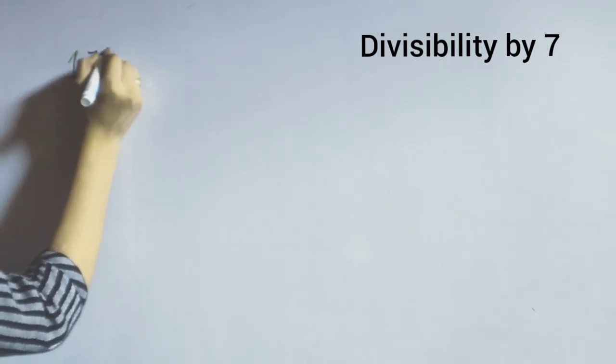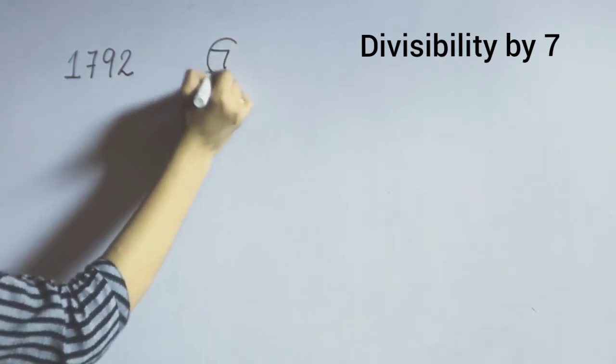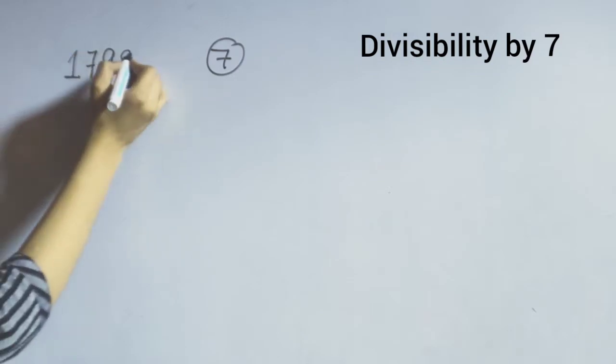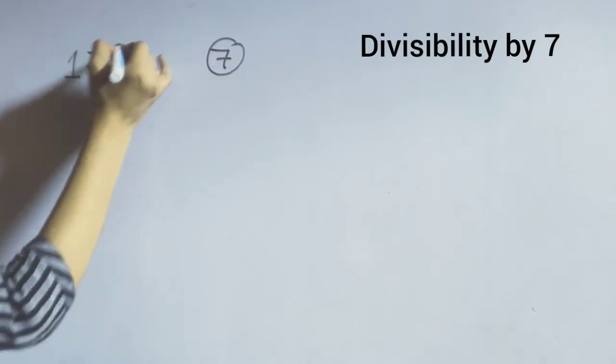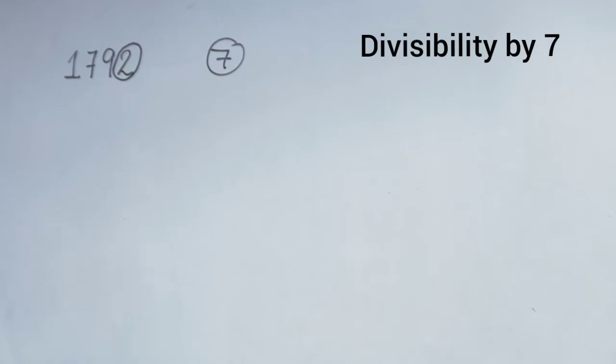Students, we will discuss divisibility by 7. Here you have a number 1792. You have to find out whether this number is divisible by 7 or not. So students, first step: what is the last digit? Last digit is 2.